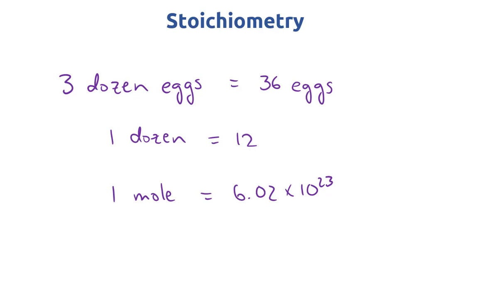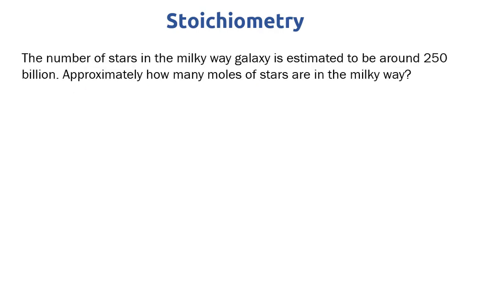So let's try an example where we convert a number of objects into the same quantity but in terms of moles. Here's a practice problem that we can work through. It says the number of stars in the Milky Way galaxy is estimated to be around 250 billion. Approximately how many moles of stars are in the Milky Way?